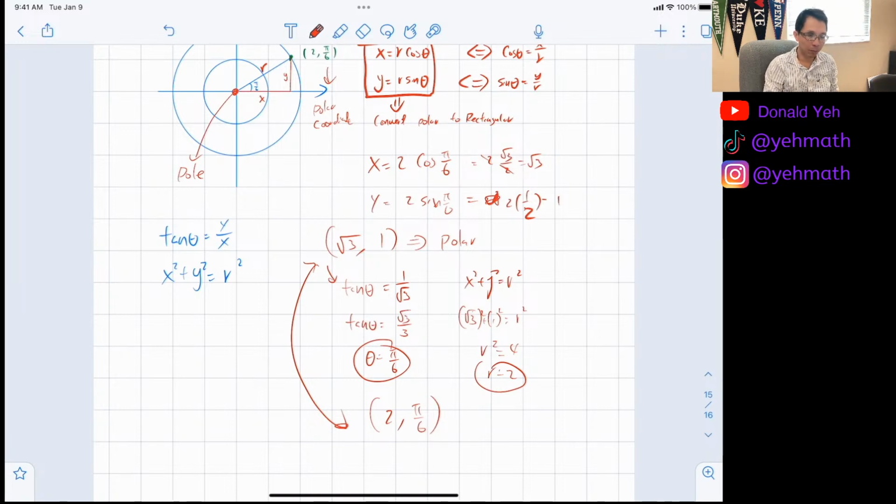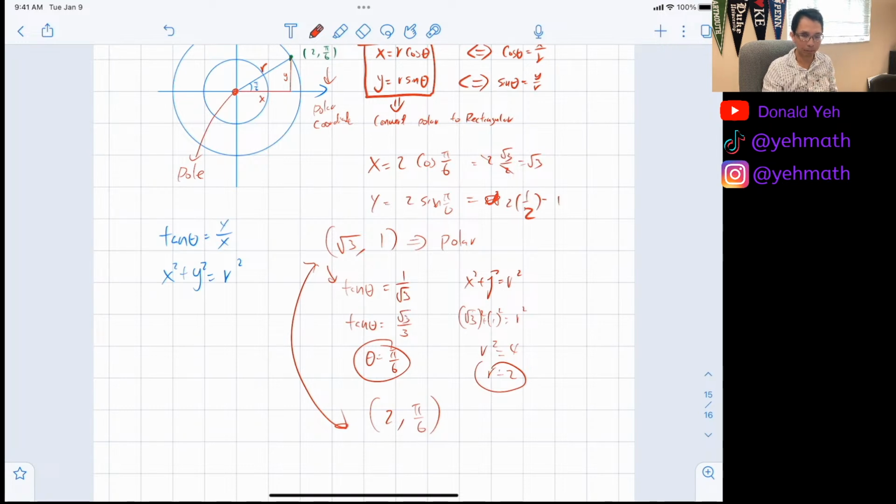What's interesting is this, though. There are an infinite amount of polar coordinates that can represent one single rectangular coordinate. Why, could the radius just be bigger? No, the radius is not going to be bigger, but the angle can always change.